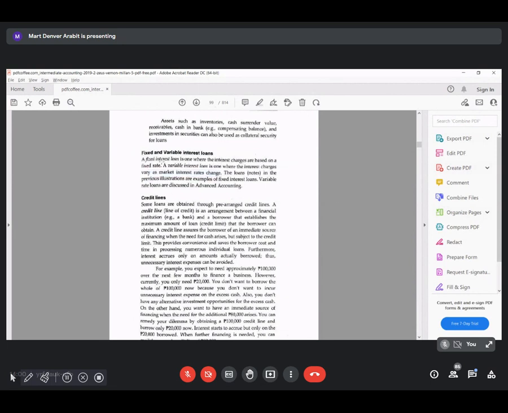So, ang example nung variable interest loan, usually given siya sa isang kontrata through escalation clause. So, I think ma-encounter niyan sa law on credit sales and bailments. Ano siya, yung escalation clause. So, it states that every year there is an increase in interest rate that will be used sa kontrata.